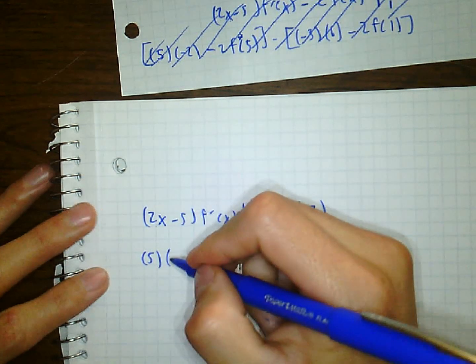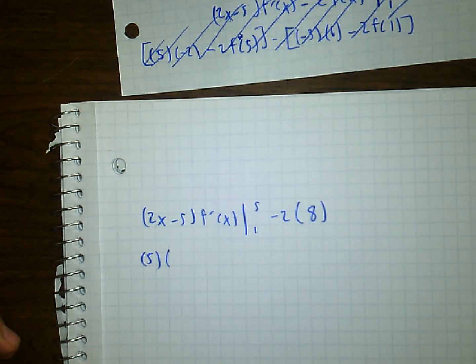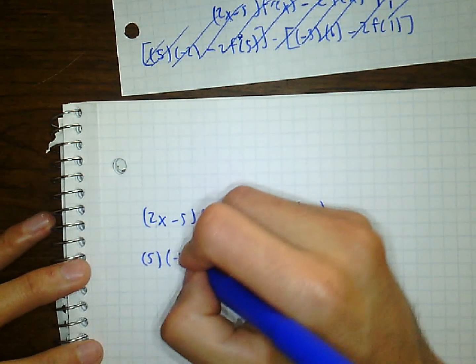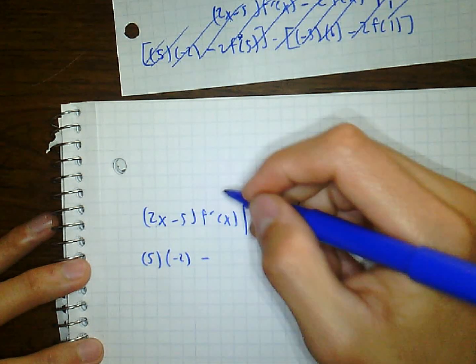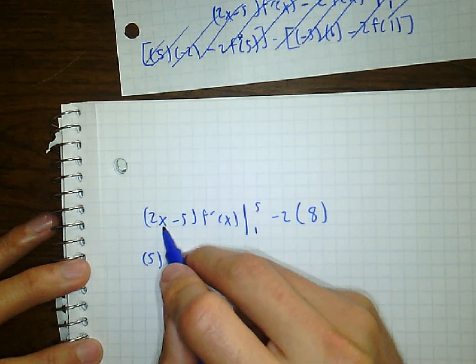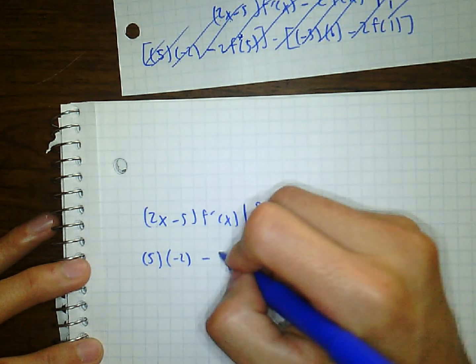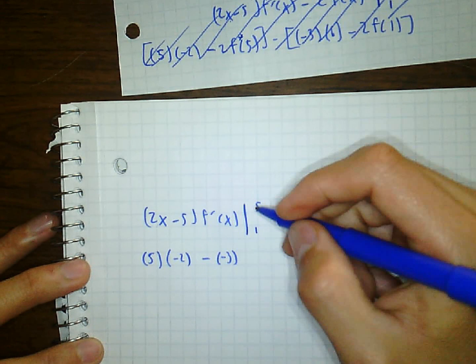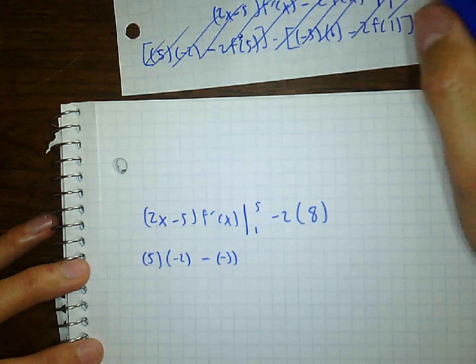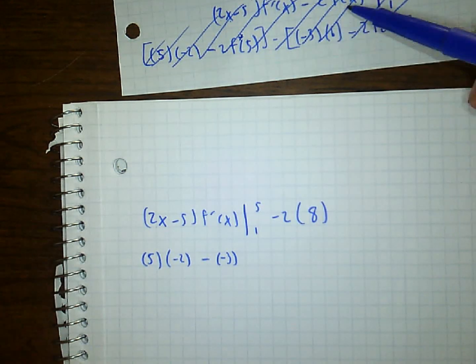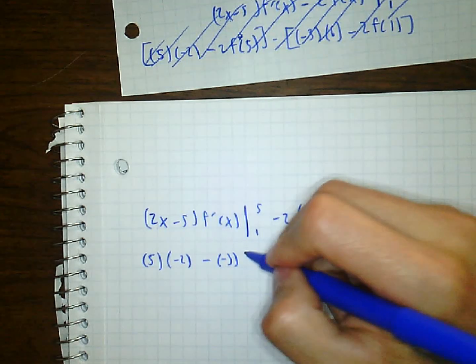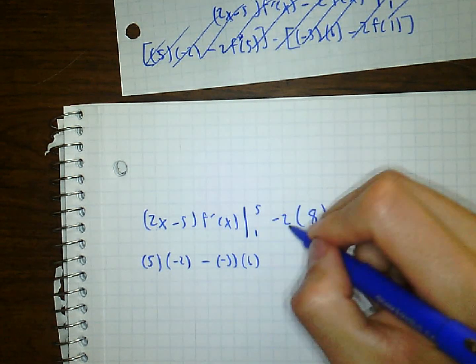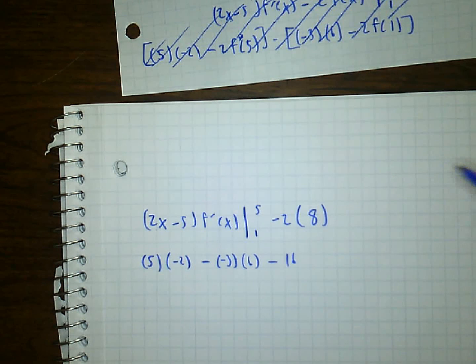F prime of 5 earlier we had solved, we said was -2. Minus, if I plug in 1, 2 times 1 is 2, minus 5 is -3. And then f prime of 1 earlier we said was 6. Yes, so it's 6. And then it looks like -16.